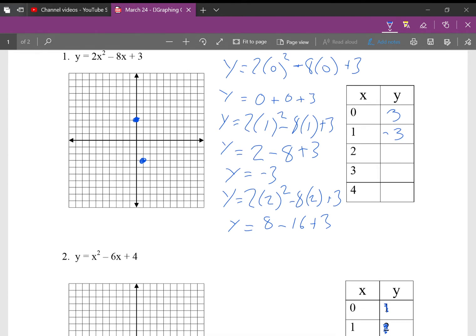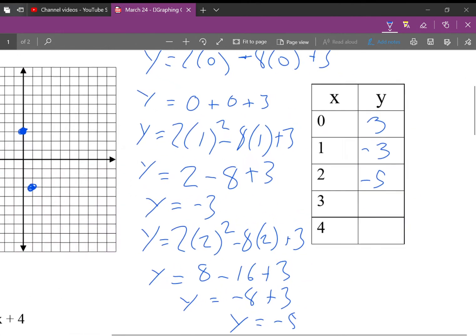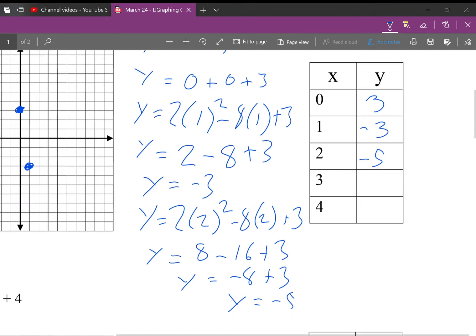Well, that becomes negative 8 plus 3, which is negative 5. So in my table, I would have negative 5. And then that point 2, negative 5 from the origin means I would go 2 to the right and 5 down. It's going to be right here.